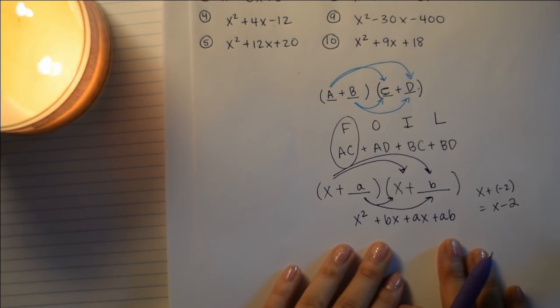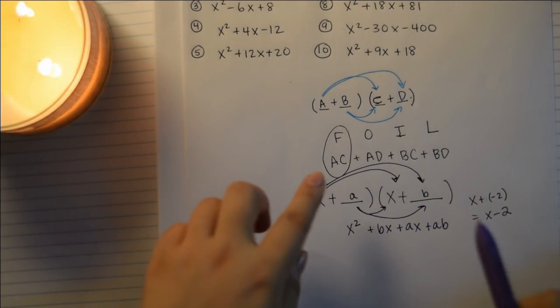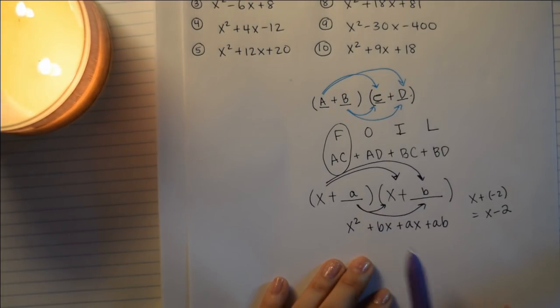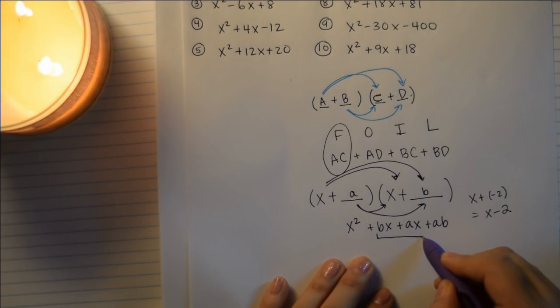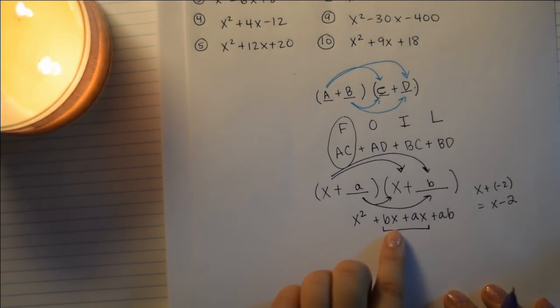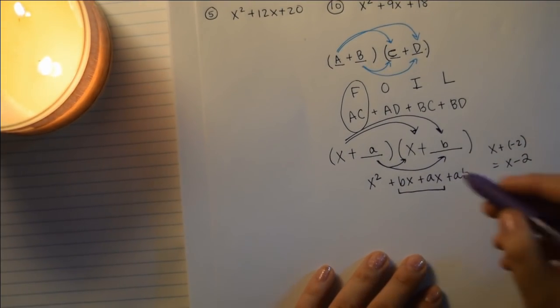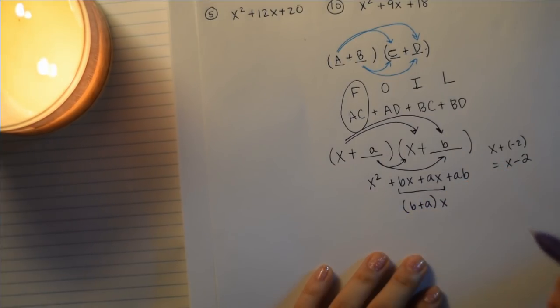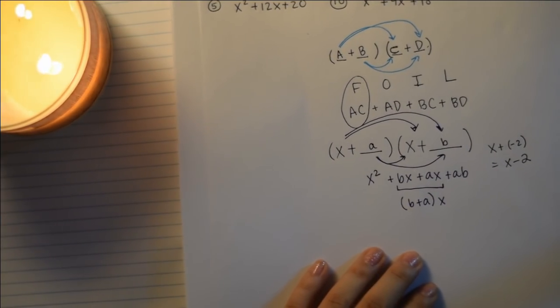Notice that the outer and the inner combine because there's a like term of x there, and we can factor out that x and say that is b plus a, because that's our distributive property.